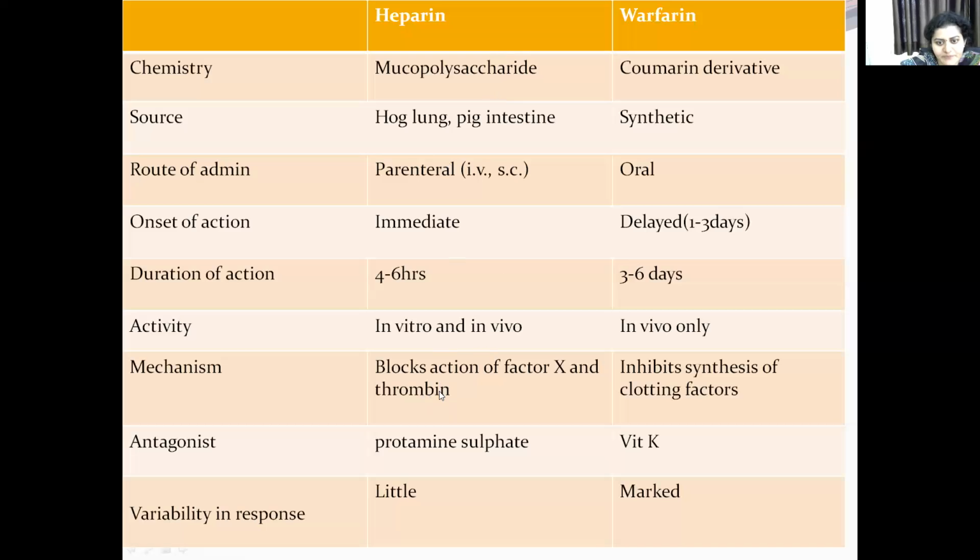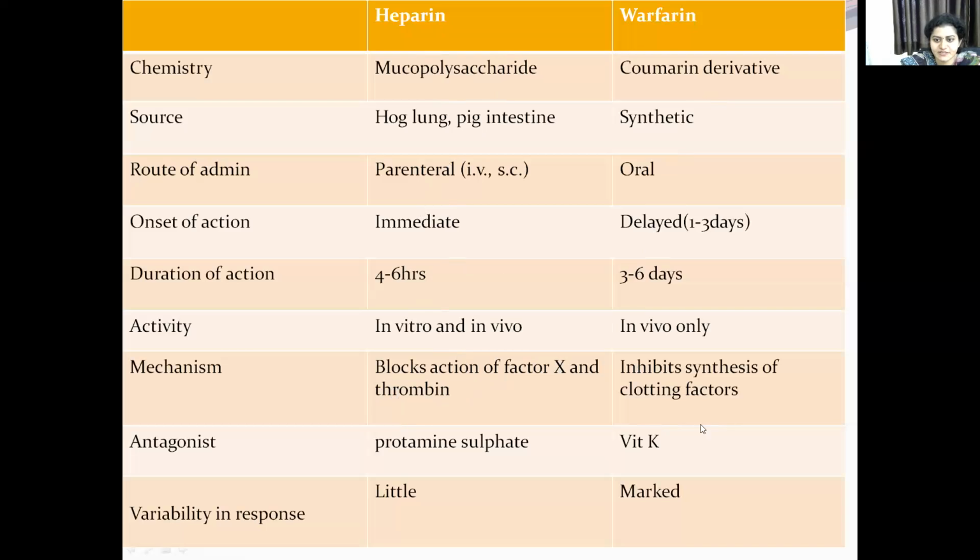Sorry, low molecular weight heparin blocks mostly factor 10. Whereas heparin blocks the action of factor 10 and factor 2, but most inhibitory action is towards factor 2, thrombin, whereas low molecular weight heparin mostly blocks the action of factor 10.